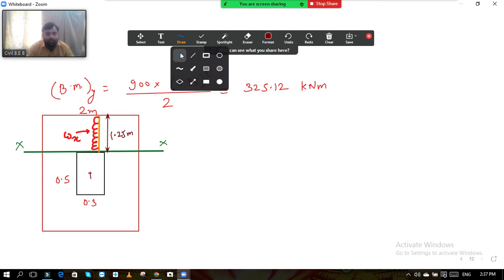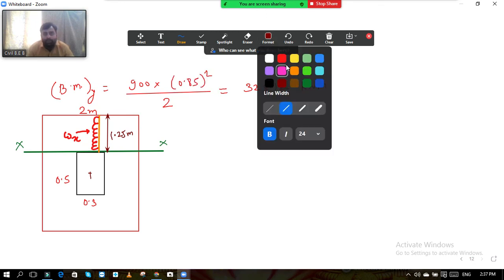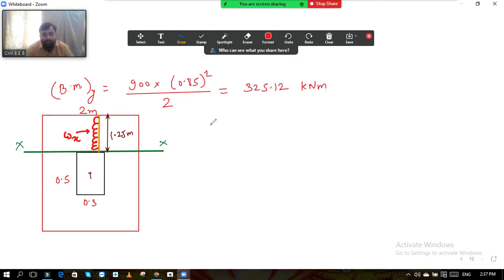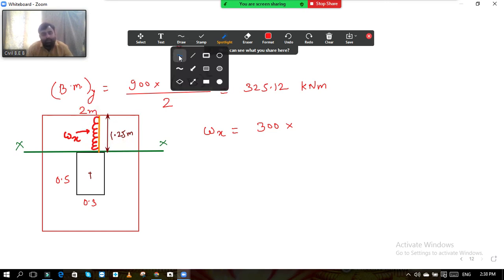Now again conversion of intensity into the UDL. So Wx is equal to, intensity is how much? 300 kilonewton per meter cube into, now we want the UDL on the 1.25 meter side. So multiply by the opposite side, that is 2 meter.